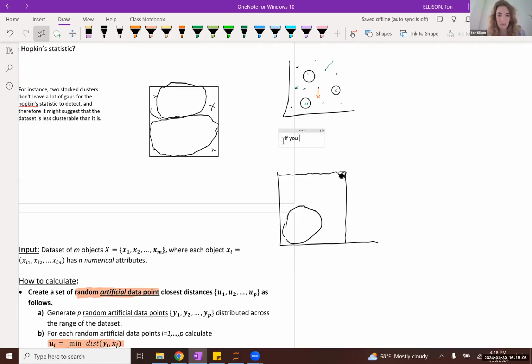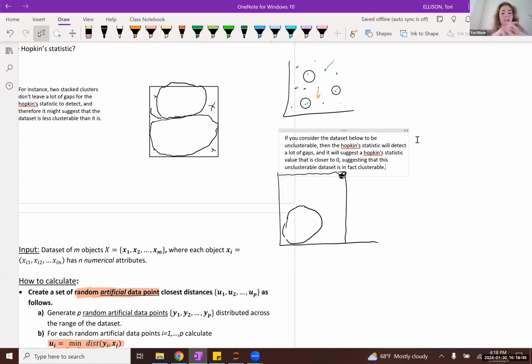So basically, if you consider the data set below to be unclusterable, then the Hopkins statistic will detect a lot of gaps, and it will suggest a Hopkins statistic value that is closer to 0, suggesting that this unclusterable data set is in fact clusterable.